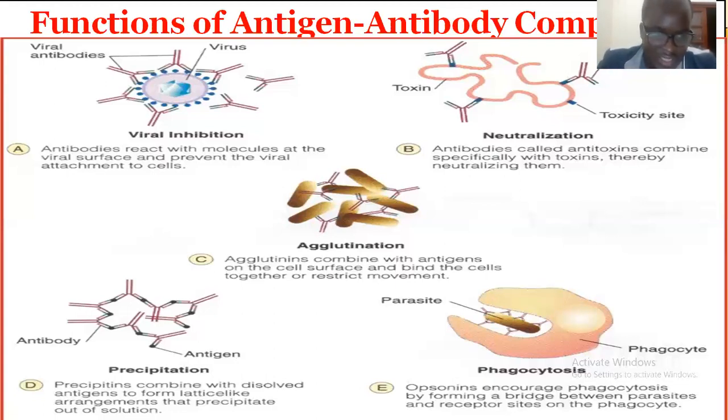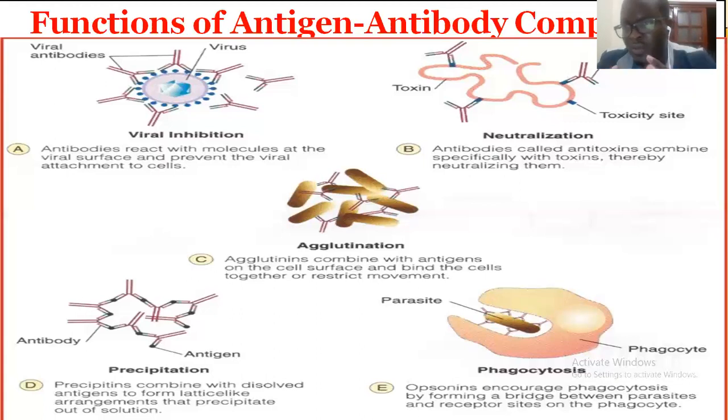These antigens can just be moving as dissolved antigens, but the antibodies are able to bind to them. These antibodies binding to dissolved antigens are called precipitins, because they will result in precipitation. So precipitins combine with dissolved antigens to form a lattice-like arrangement that precipitates out of the solution.